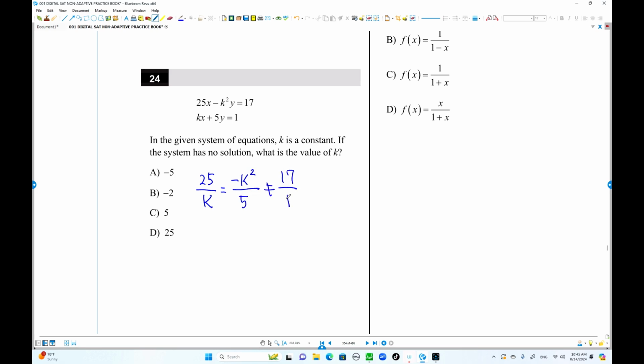So cross multiplication: negative k cubed equals 125. k cubed equals negative 125, right? So k is the cube root, negative 5, isn't it? But when k is negative 5, 25 over negative 5 does not equal 17. That's true. Okay? The value of k is negative 5, that is the answer.